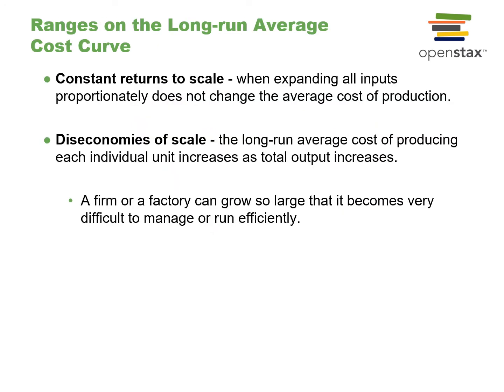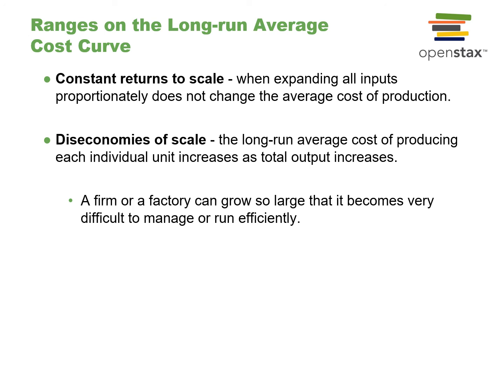Ranges on the long-run average cost curve. Constant returns to scale means expanding all inputs proportionally does not change the average cost of production. There is also something called a diseconomy of scale, where the long-run average cost of producing each individual unit will increase as the total output increases.